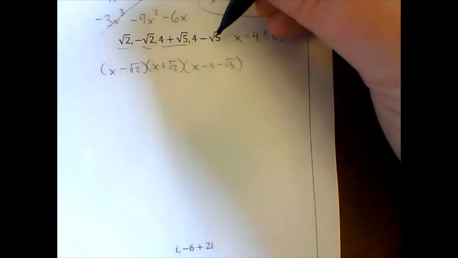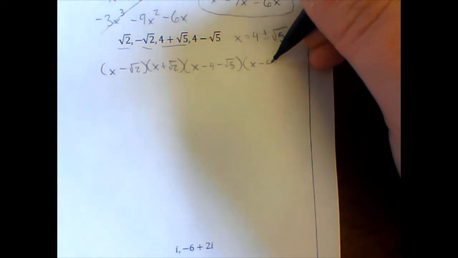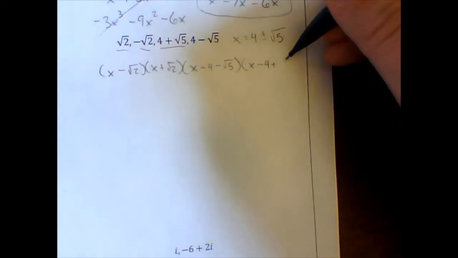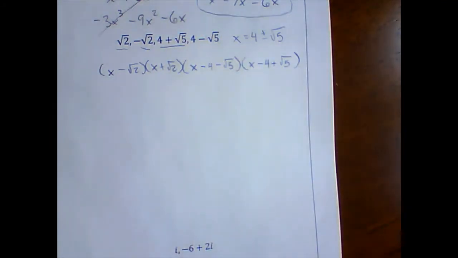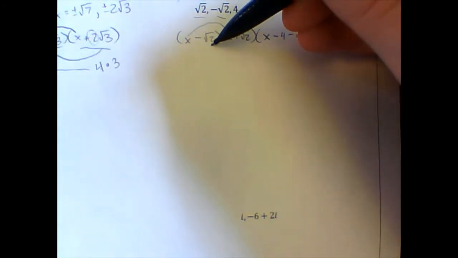And for the second one, that 4 is a positive, so it comes in as a negative. And the radical 5 is a negative, so it comes in as a positive. So everybody coming into the parenthesis is doing this opposite thing. And that includes the separated conjugates where you have the integer and the irrational number, the radical number.